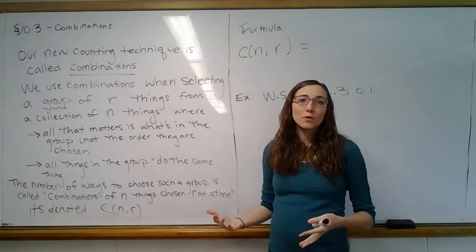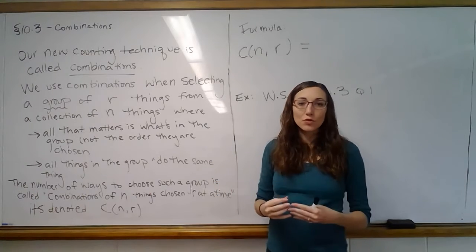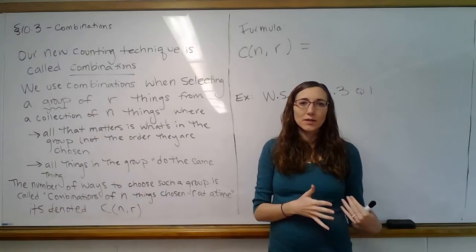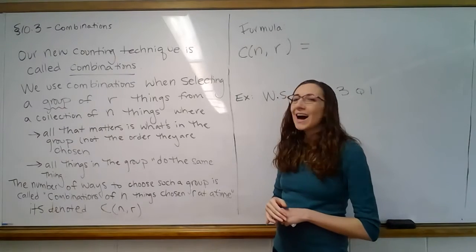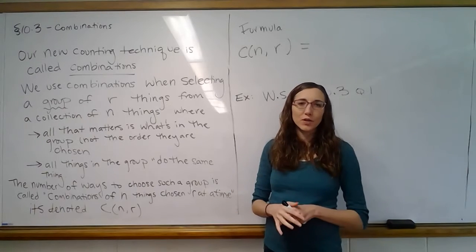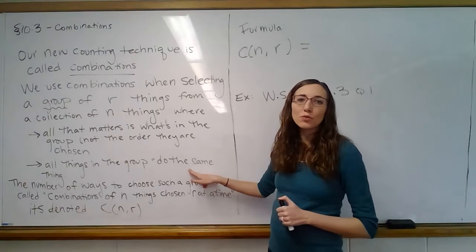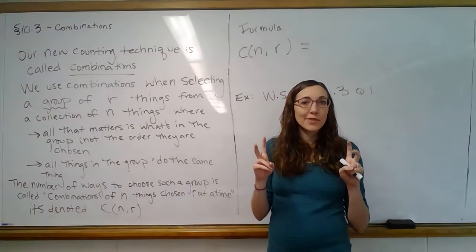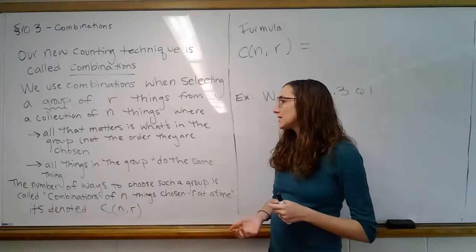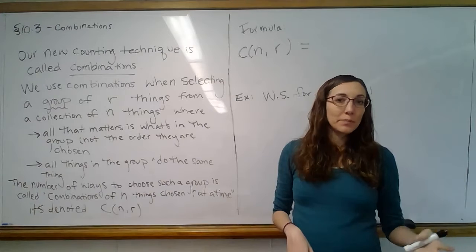And the key thing when we're choosing this group is all that matters is what's in the group. Just like our subcommittee, all that matters is who I picked to be on that team, not the order that I chose them in. Another way to think about this for other contexts is all of the things in the group do the same thing. They're not distinguishable from one another in the sense that they don't have different roles or different responsibilities.